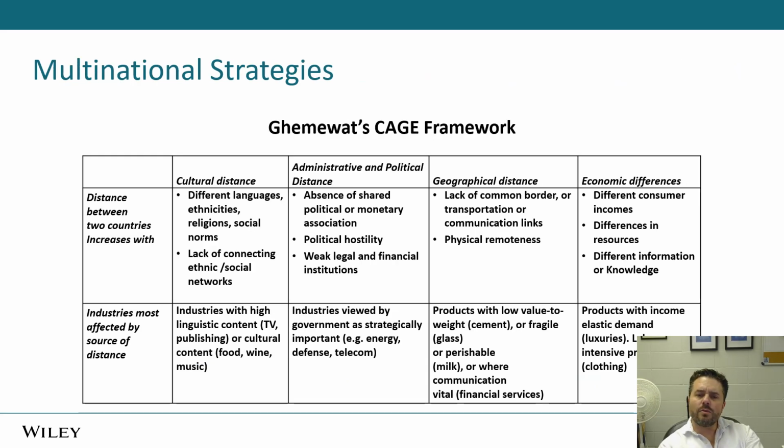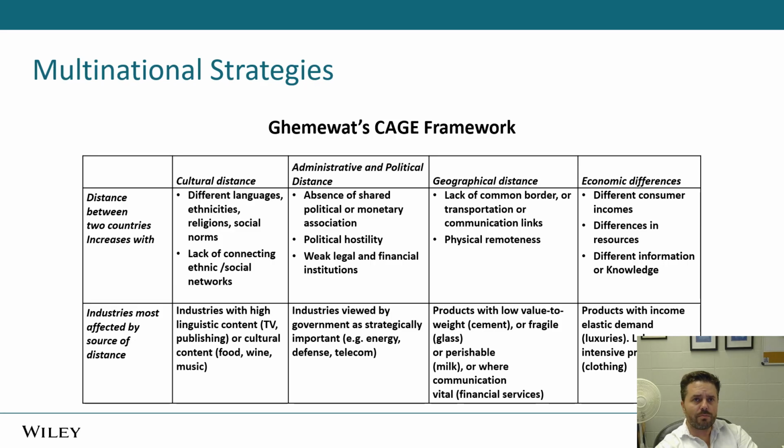We now get to a key concept in international business, what's called Ghemawat's CAGE framework. This was really a reaction to forecasts or predictions, say in the 90s, as the internet was booming, that distance didn't matter anymore.